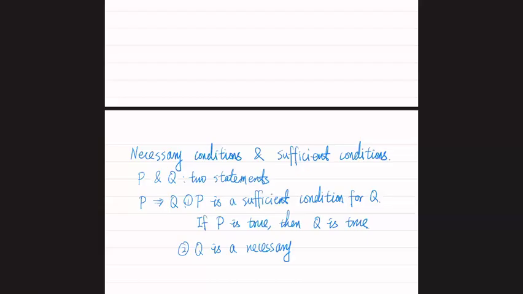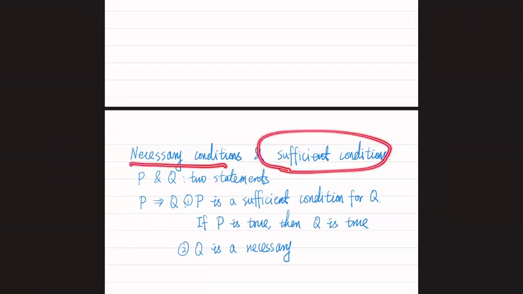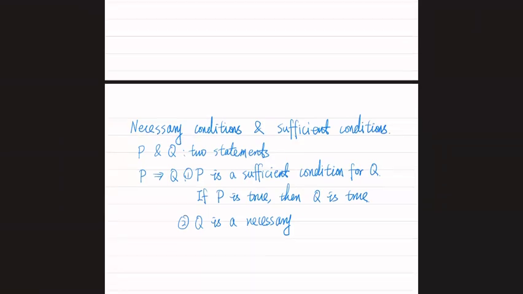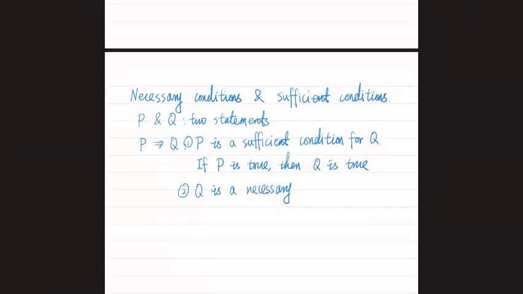Okay, so not about that. Let me see, what's the connection between them? So this is not about the logic statement. This is about necessary and sufficient conditions. Oh, okay, this is related. Let me finish this, and I will tell you the connection between them.